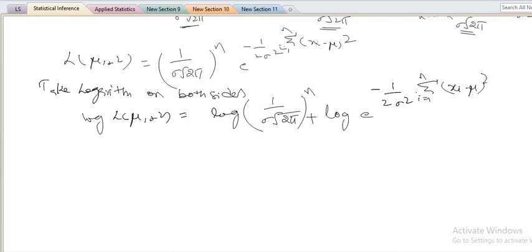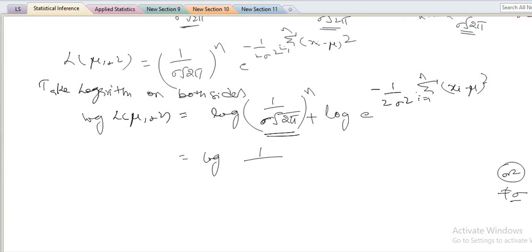Next it becomes... look here, (AB) whole power n, that means 1 by sigma is there and root of 2 pi and everything. So what I am writing is log of... we need to find the MLE for sigma square, not for sigma.